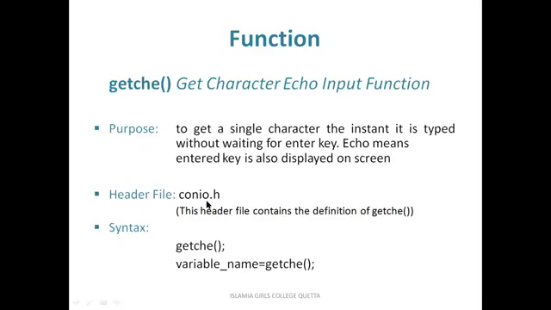It is also present in conio.h, and you have to include that header file if you are using getche, and its syntax is similar to getch. You can write it simply like getche, or if you want to store the value which the user is entering, then you have to write the variable name equals getche, and the character which the user has entered will be stored in that particular variable, which should be a character as well.